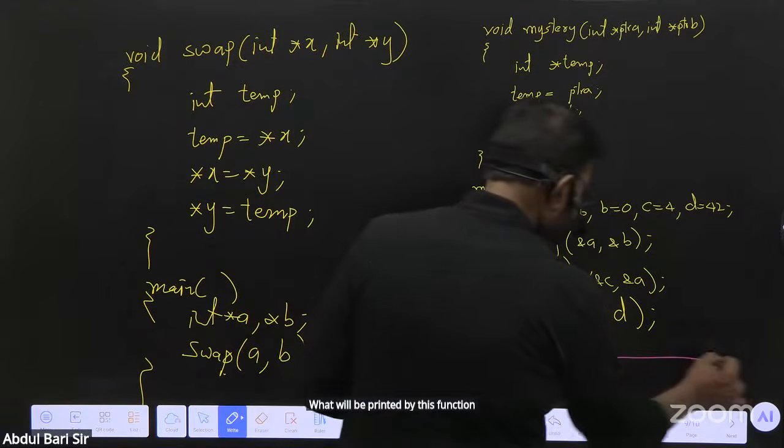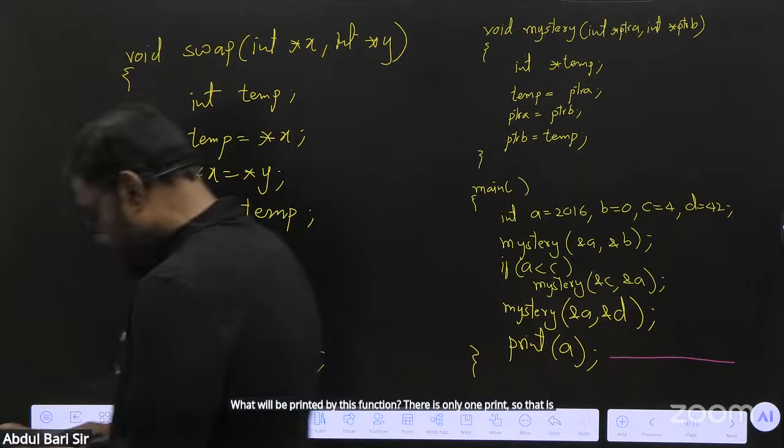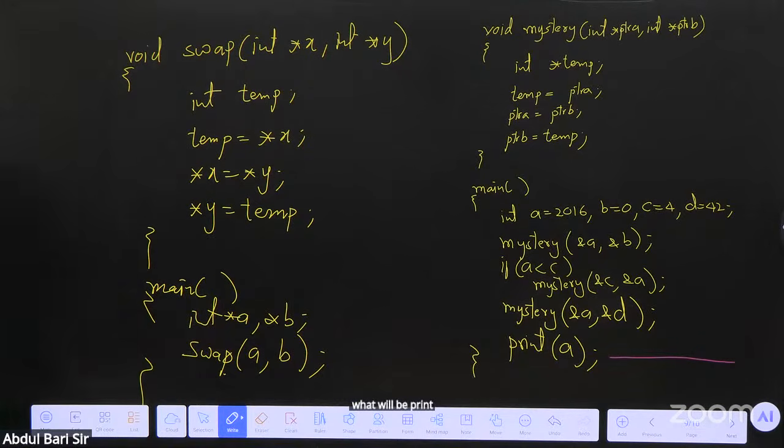There is only one print, so that is print A. What will be printed? So when I say, then only answer it.